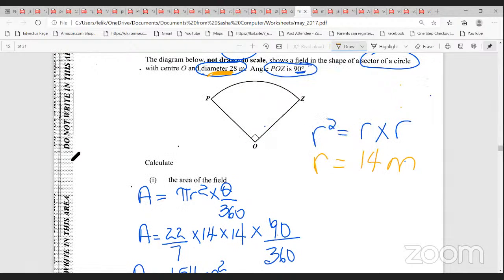Perimeter. Anyone remember what perimeter is? Anyone remember?